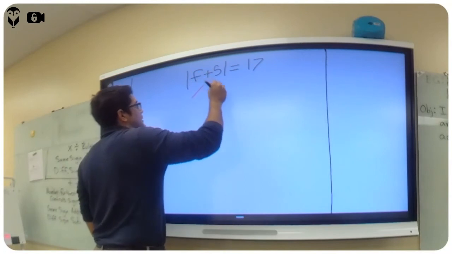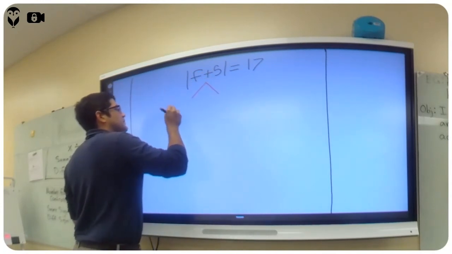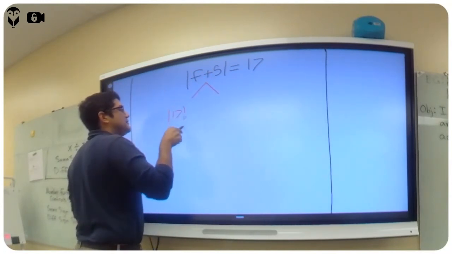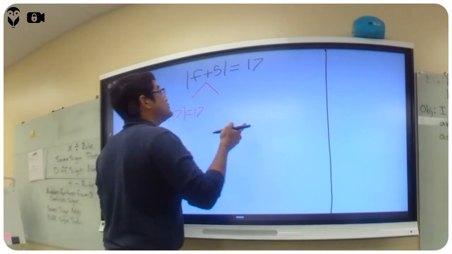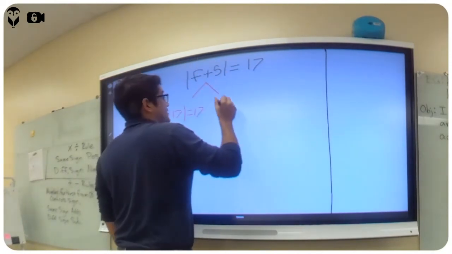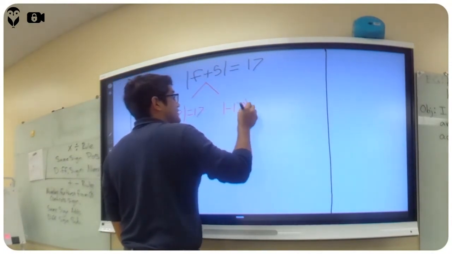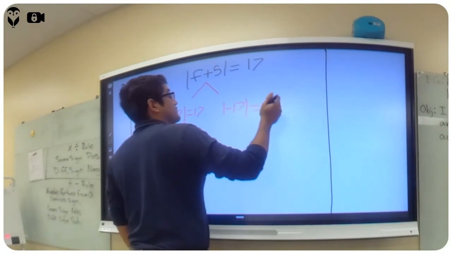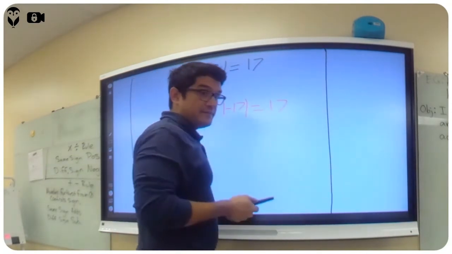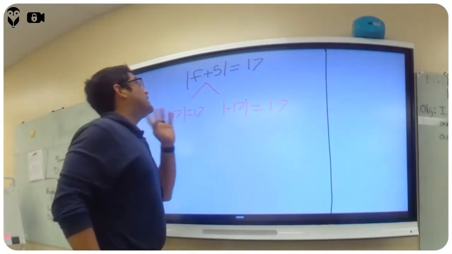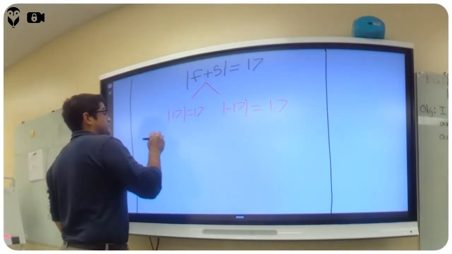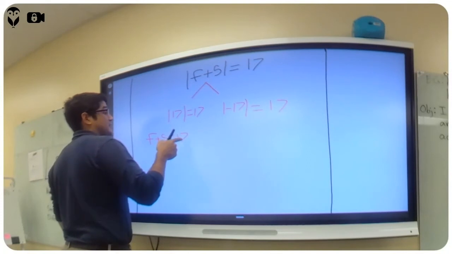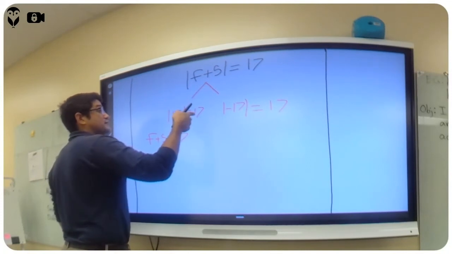Why two solutions? Because if what's inside of there equals 17, the answer is going to be 17. But also, if the result that's in there equals negative 17, your answer is also going to end up to be 17. So you have two possible solutions. This f plus 5 can equal 17 and give you the answer.